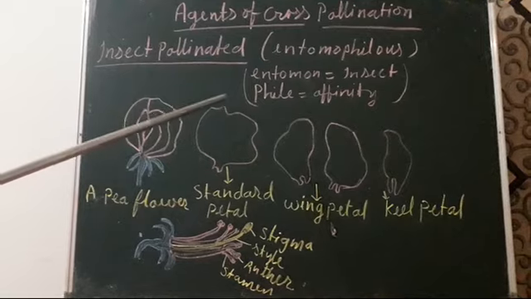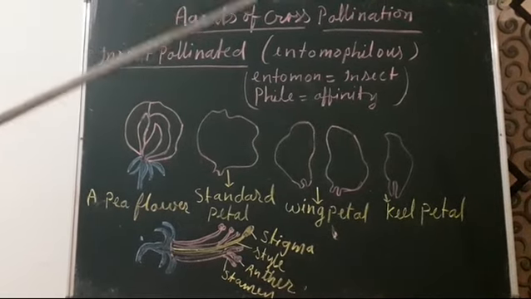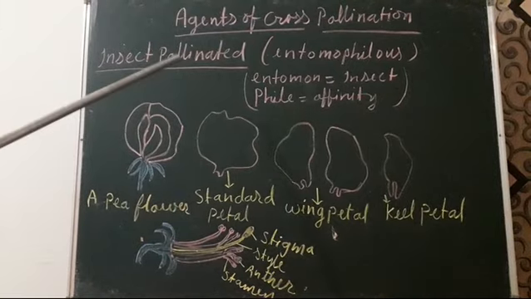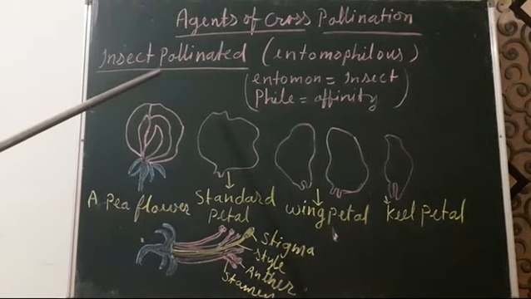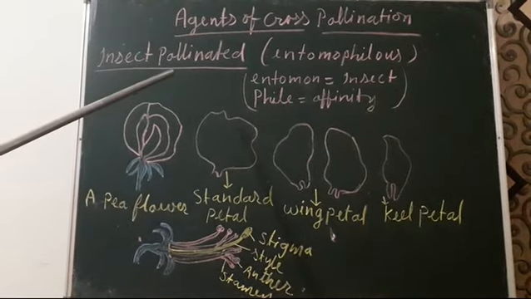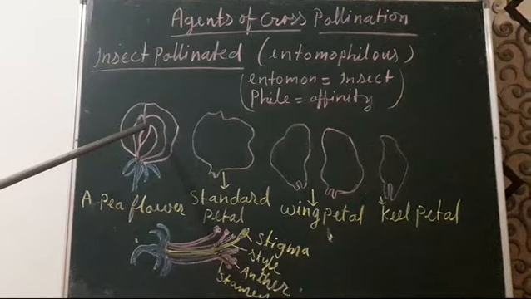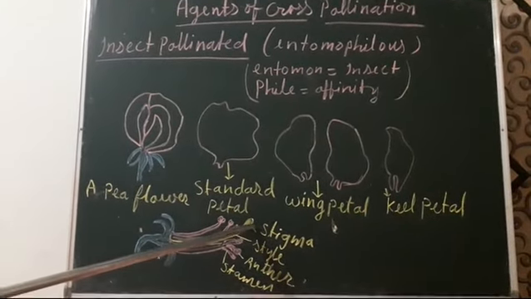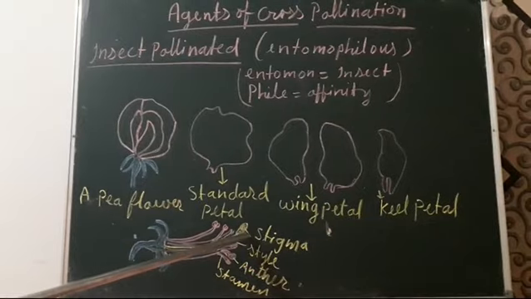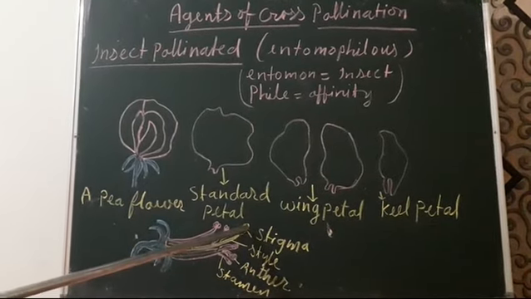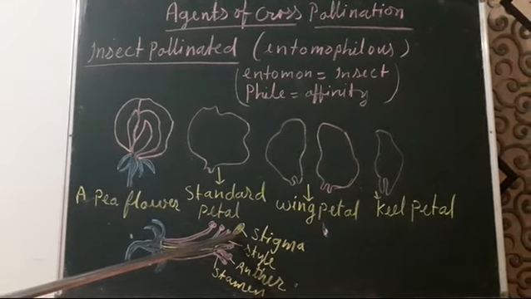The insect might have visited another flower also, so it may be carrying pollen grains from the other flower sticking to its body, and that pollen grain may fall on the stigma of the flower, and pollination may take place here.